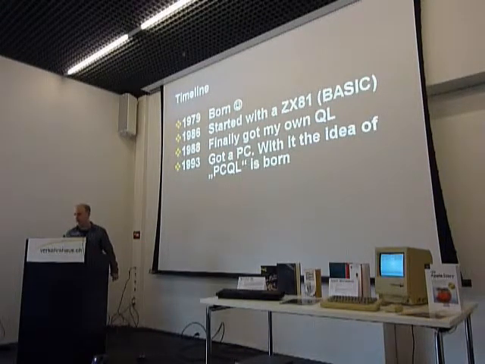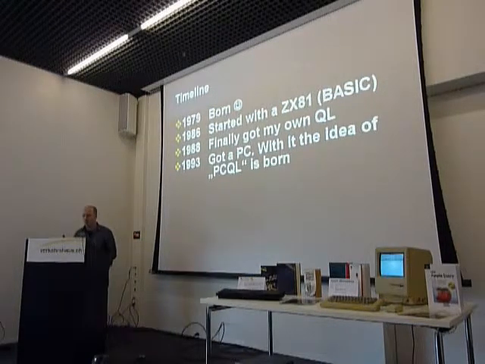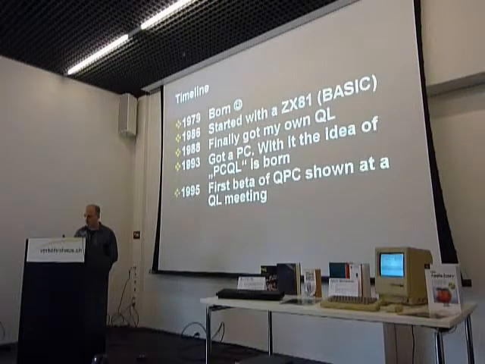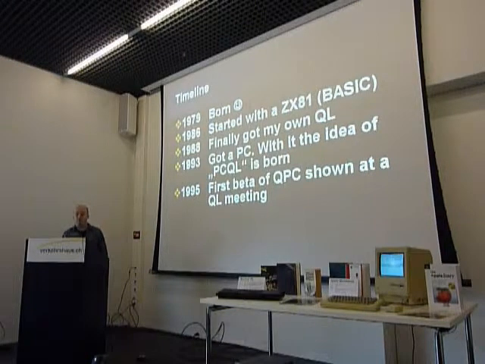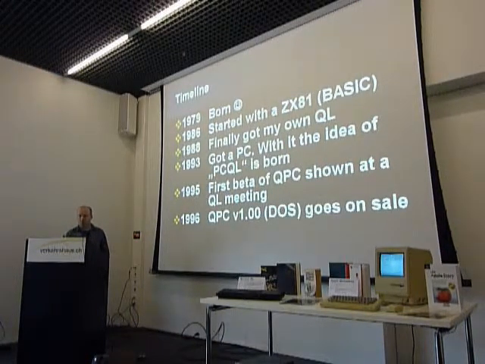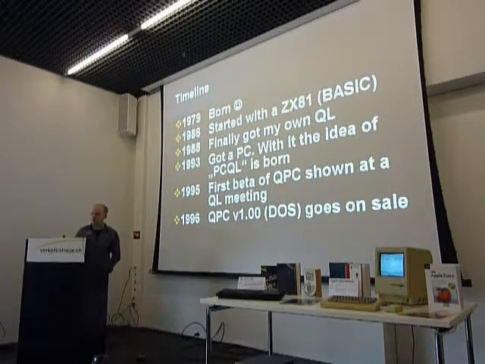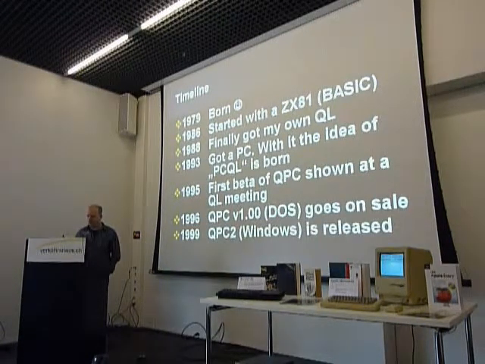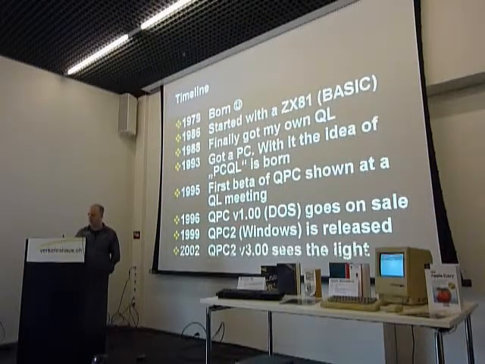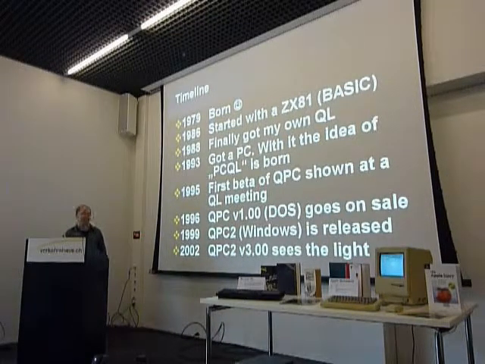In 1993, I got a 486, and with that, the idea of emulating the QL on the PC was born for me. 1995, the first beta was shown at a QL meeting. 1996, the official QPC1 went on sale. 1999, QPC1, the Windows version, was finally released, and in 2002, QPC1 version 3 saw the light.